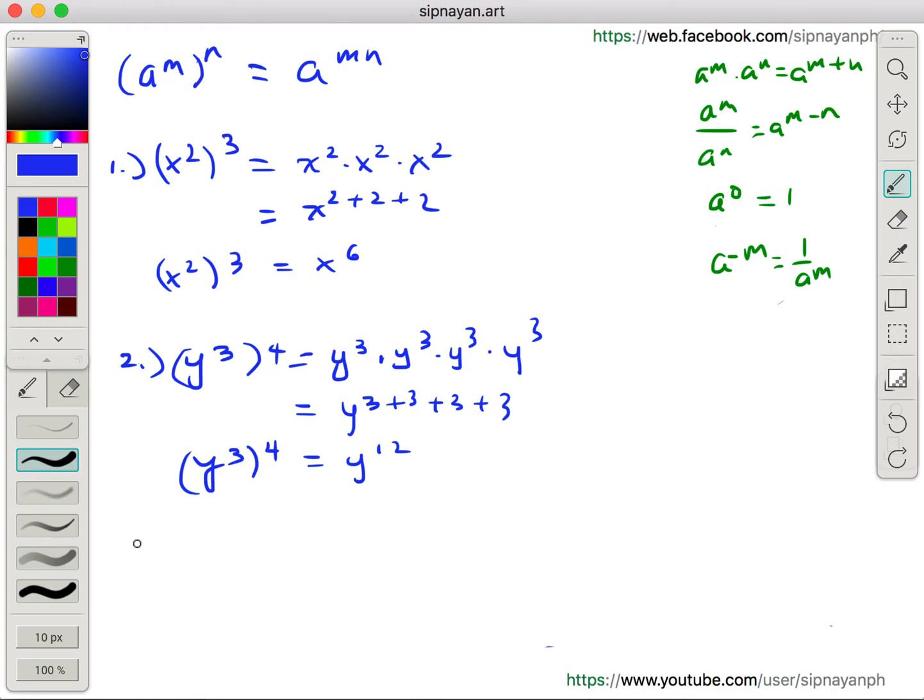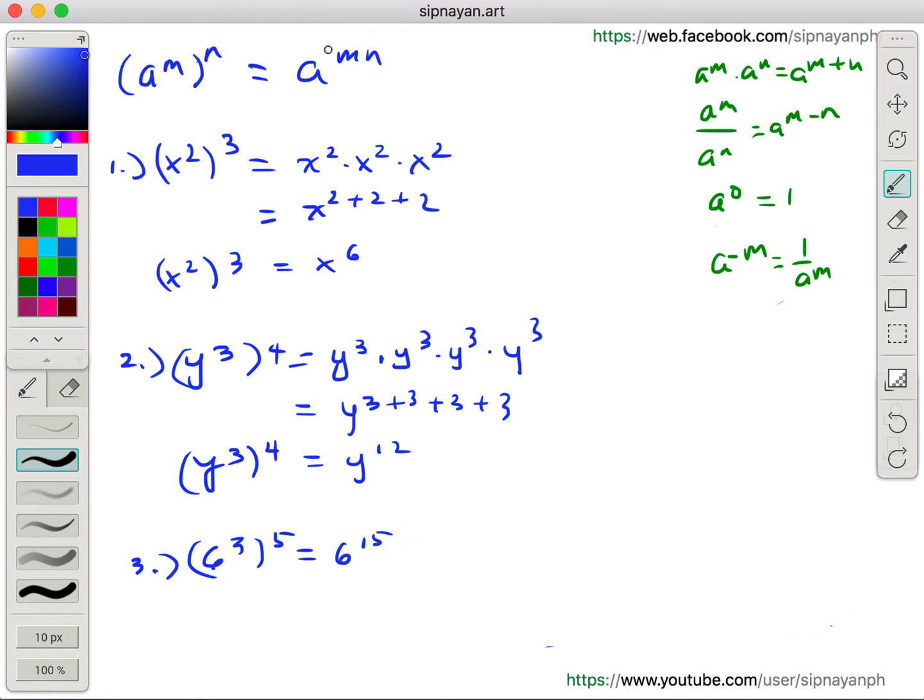So, ito yung ating illustration. Let's have some examples. Number 3 na natin. 6 cubed to the 5th, kunwari. So, gagawin pa ba natin ito? Hindi na, kasi na-establish natin yung rule. Just multiply the exponents. So, 6 raised to the 15. Gusto nyo bang i-expand? Hindi na, okay na yan.